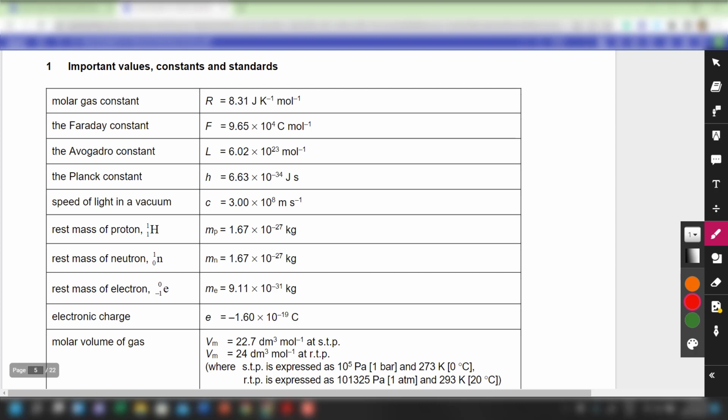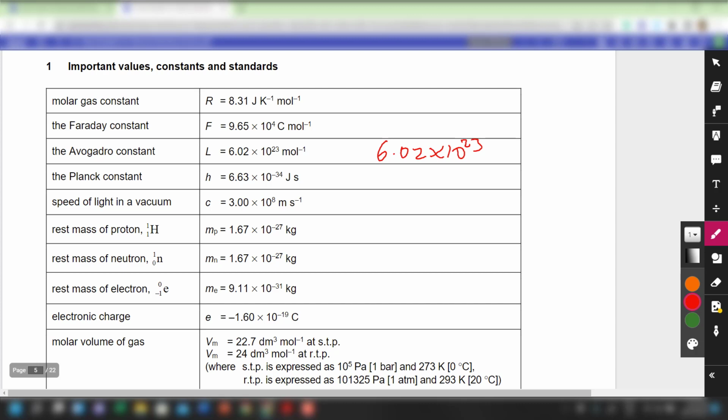If you want to stretch this a little further, 1 mole of electrons contains the Avogadro number of electrons. So therefore, that will be 6.02 times 10 to the power of 23 electrons in 1 mole.